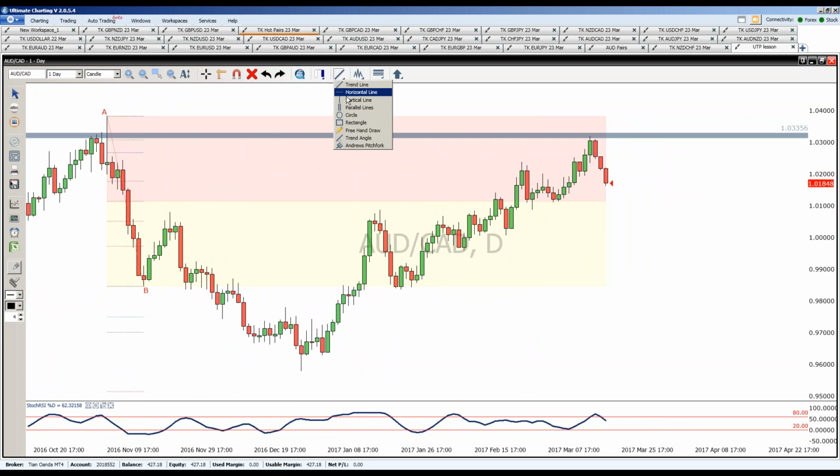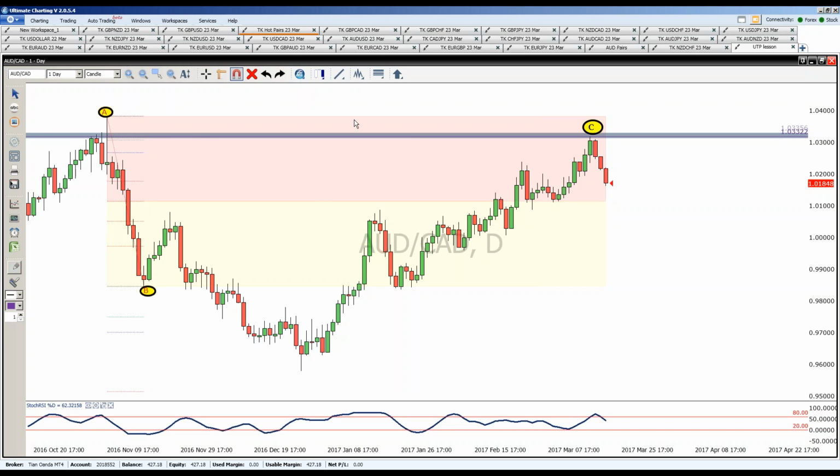We have an A over there, we have a B over here, and we have a deep C over there. That's the C. And that high was just above the 8.6 retracement level.